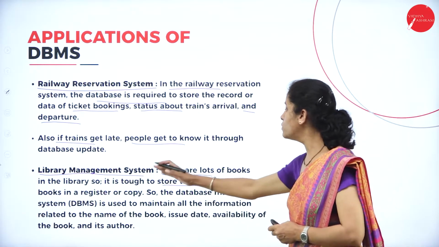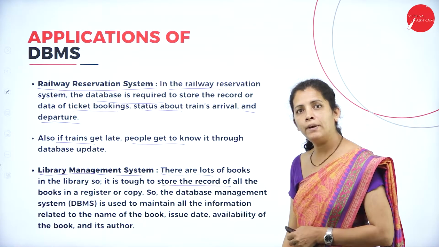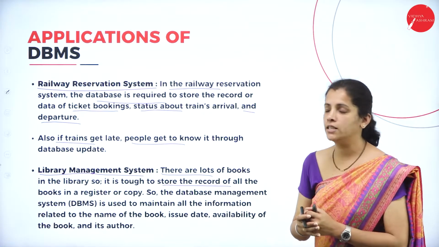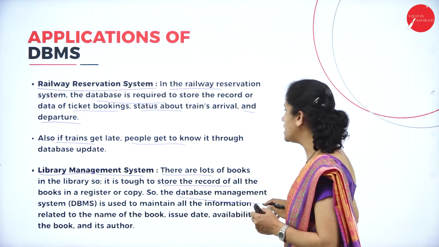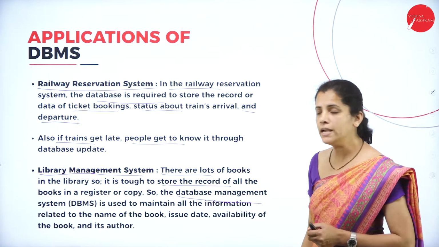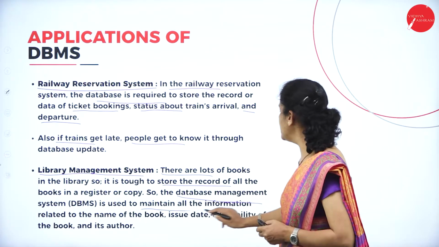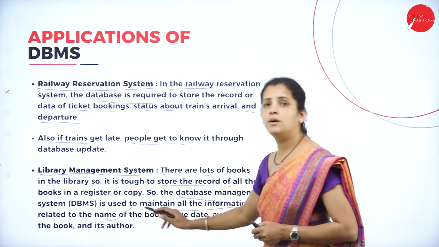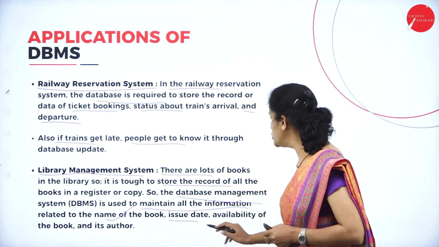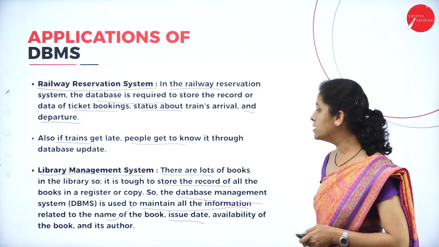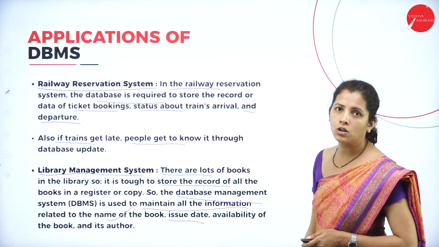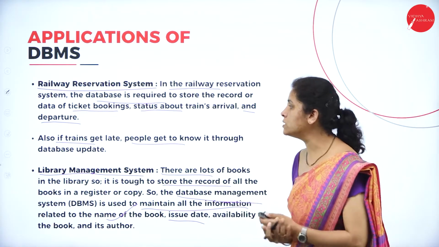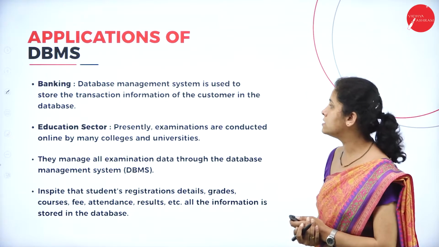So we are going to replace the old method with the new technology, that is database management system, and it is mainly used to maintain all the information related to the name of the book as well as issue date, availability of the book and its author. To store all this information, we use library management system.